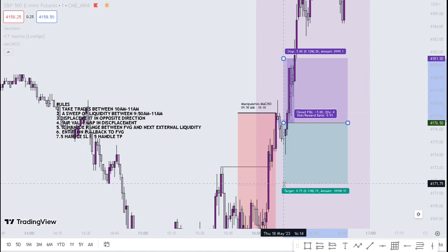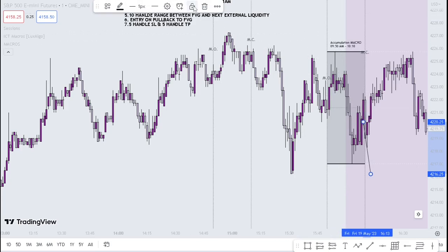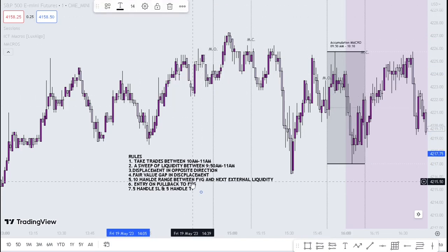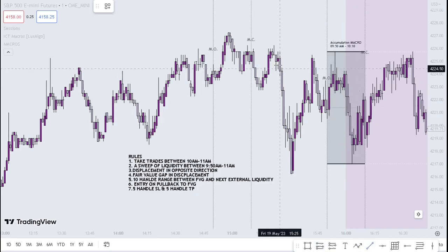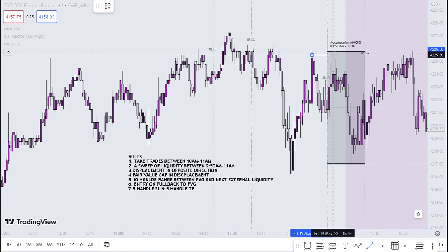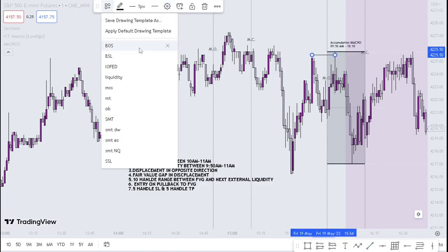So let's go over to Friday, the last day of the week, to see what would have happened. This is Friday, the last day of the week. As you can see, we had 950 open, and when it opened, it pushed up. When it pushed up, it took out liquidity on the left. So we mark out that liquidity over there.